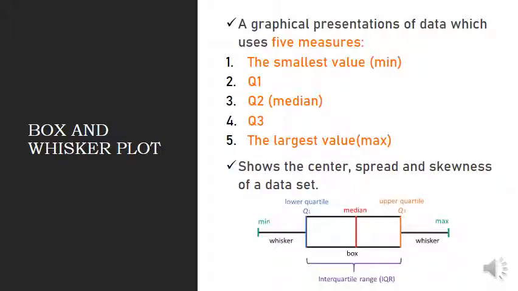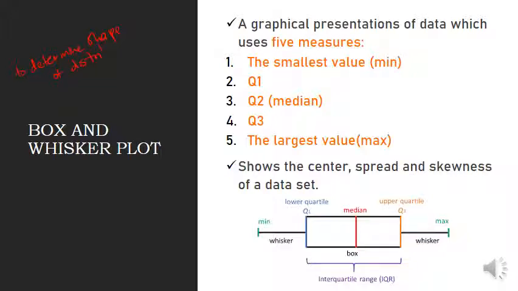Alright, so this is box and whisker plot. So this will be the last method to determine shape of distribution.